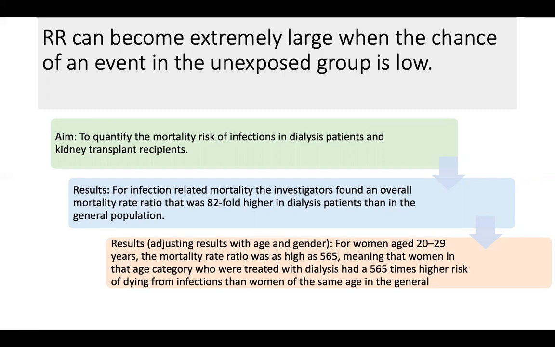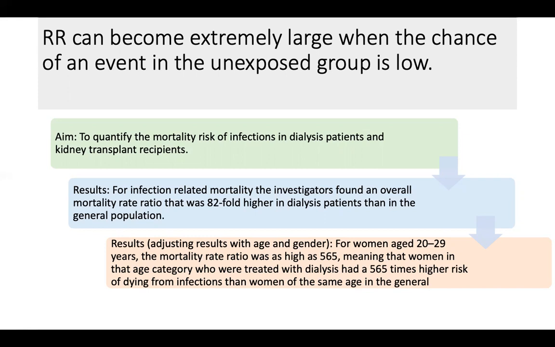Their aim was to quantify the mortality risk of infection in dialysis and kidney transplant patients. In the result, they found 82-fold higher infection-related mortality in dialysis and kidney transplant patients in comparison to the general population, meaning the unexposed group.